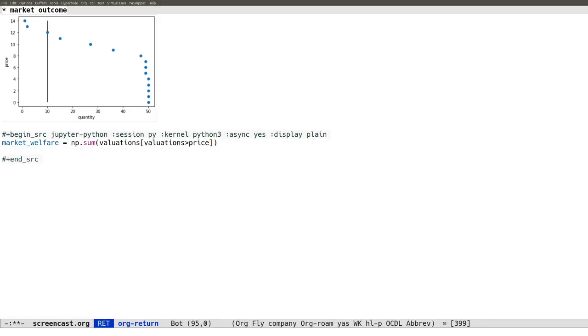And now we can compare the two. So we can say print market welfare equals, and we can format this. Let's say we want to have 2 digits.